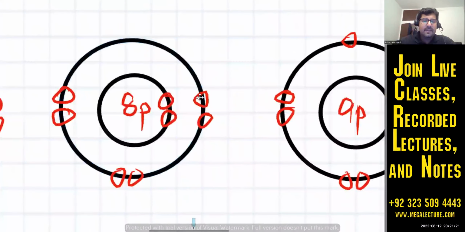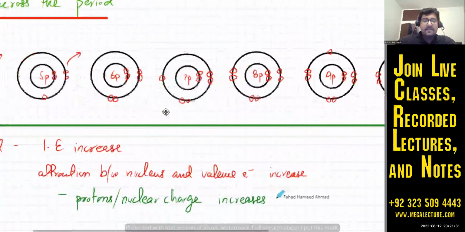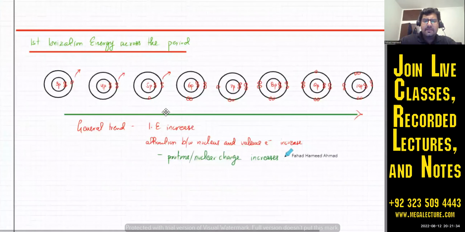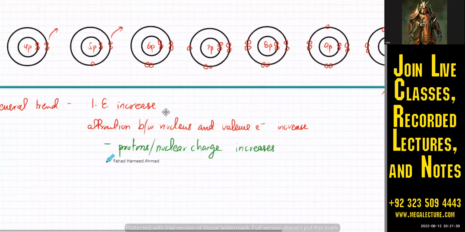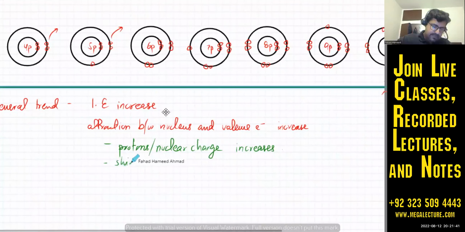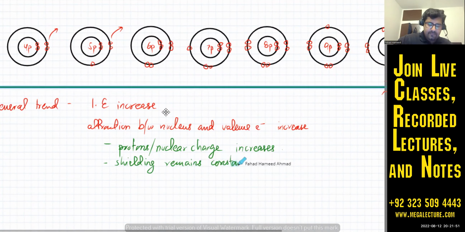Between the nucleus over here and this outer electron, there's again just one shell coming in the way. So the shielding effect remains constant because they all have the same number of shells, right? You clear? Yes, sir. You're going to mention that shielding remains constant. So the shielding effect is the same, and that's not a factor in this case.